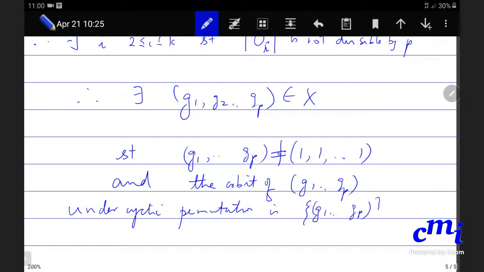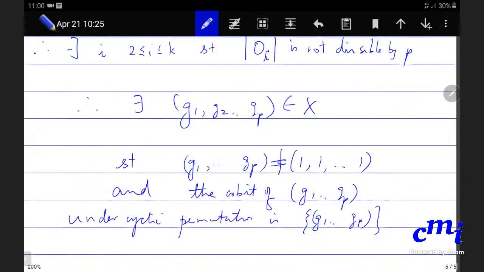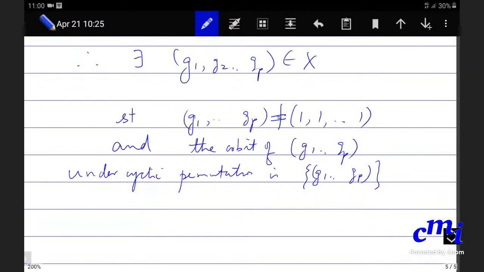Okay. This is what we have just concluded. So there must exist some element which is not the p-tuple consisting of ones, whose orbit under cyclic permutation consists of just that element. There can only be one answer to this: there must exist a non-identity p-tuple inside X. Just think about this.